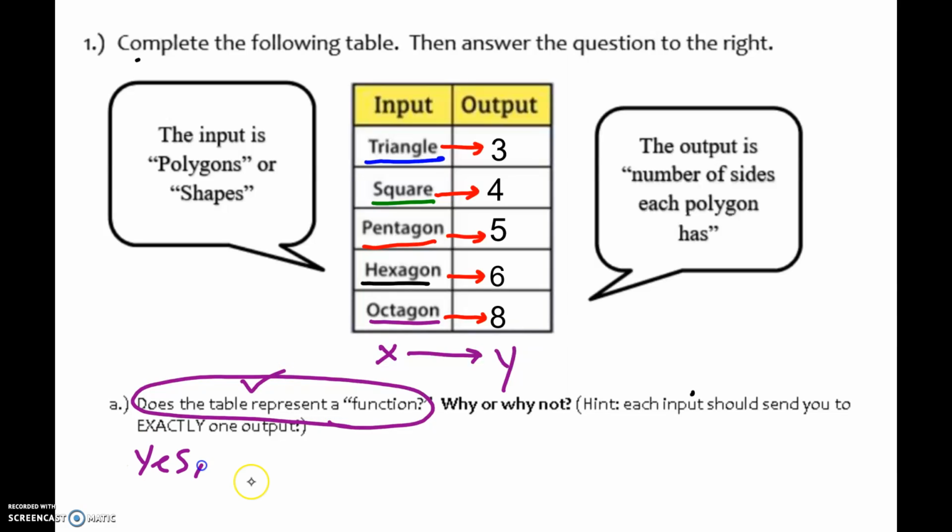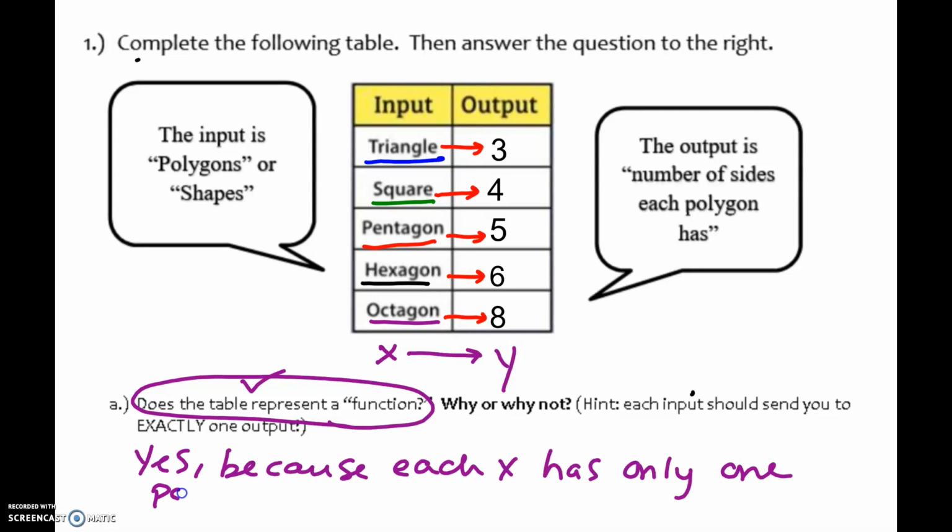So yes, it does represent a function because each X, or each input, has only one possible output. It's not like we're looking at square and seeing 4 and then seeing square again, but seeing it paired with 10. That is where this would no longer be a function.